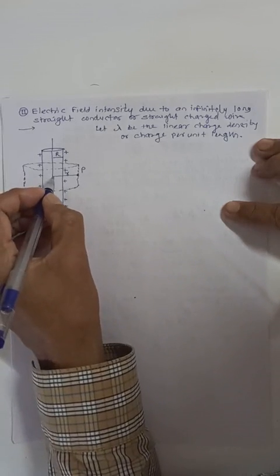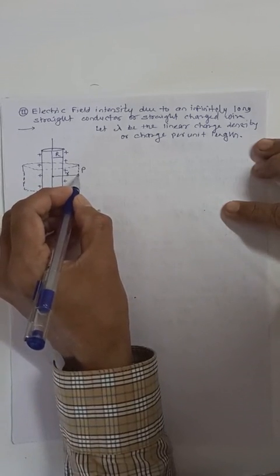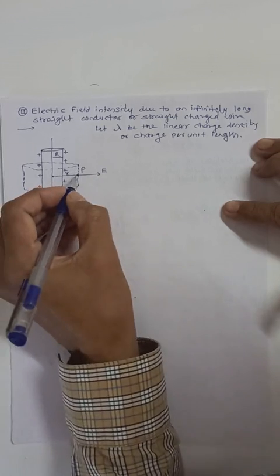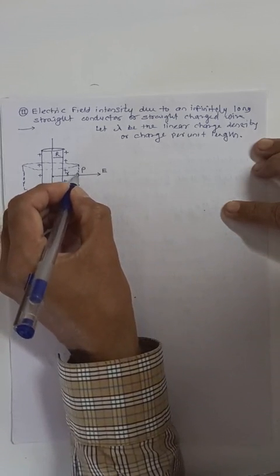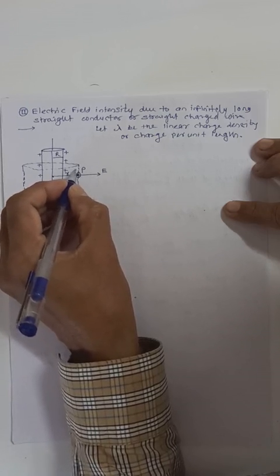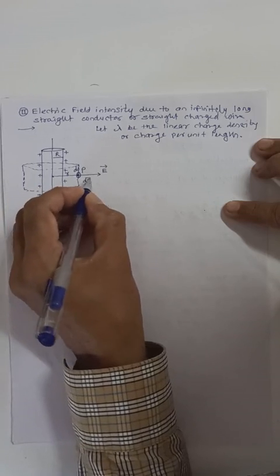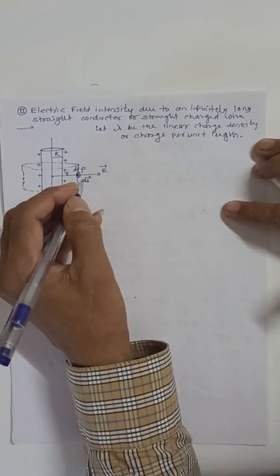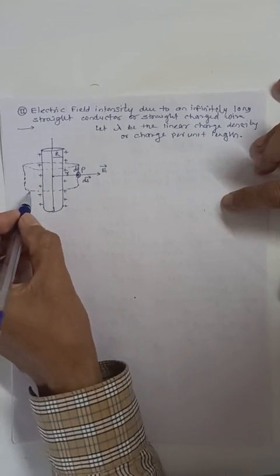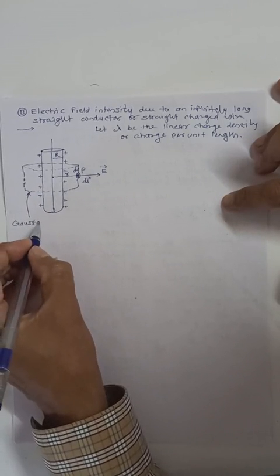Once again, because of the symmetrical bodies, the electric intensity is directed outward like this. Here is the electric intensity. Again, ds is a very small surface area around the point P. So this is ds. So electric intensity and vector ds both are directed along the same direction. This surface is called the Gaussian surface.